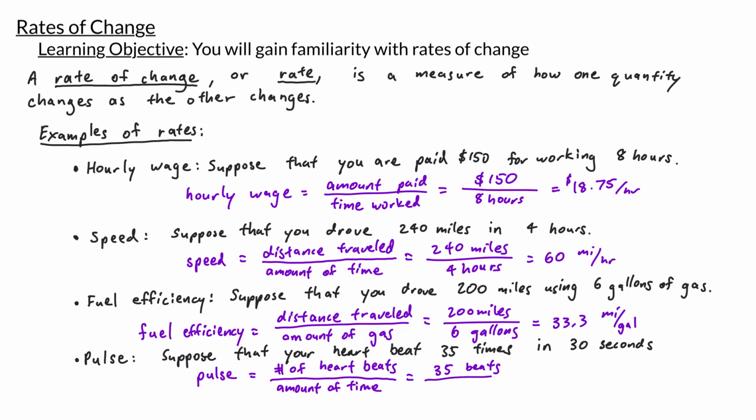So we're going to divide this by 30 seconds is half a minute, so 0.5 minutes. So doing 35 divided by 0.5, we get 70 beats per minute. This rate tells us that every minute that passes, our heart will beat 70 times.